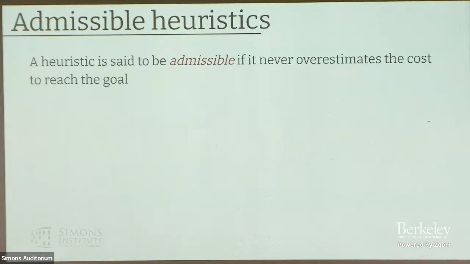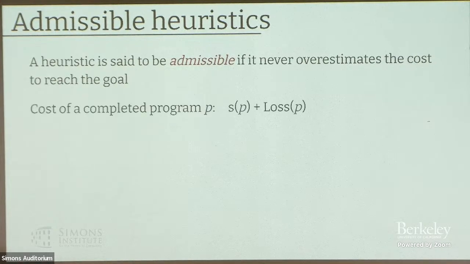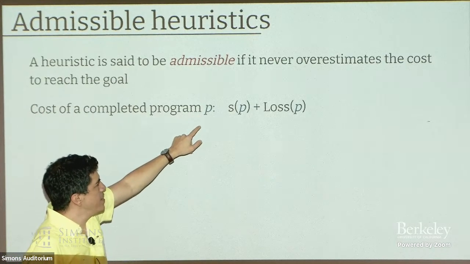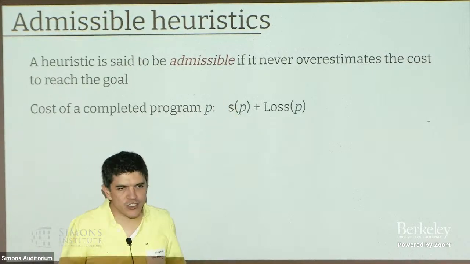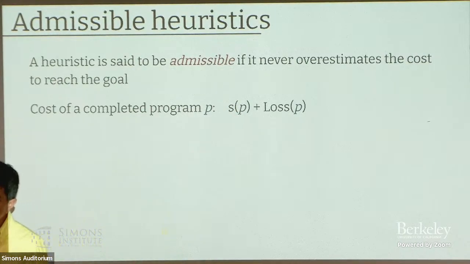So what do we mean by that? The heuristic is said to be admissible if it never overestimates the cost to reach the goal. And so what is the cost of a completed program, right? So I have this completed program. There's usually some structural cost that you impose on this program.